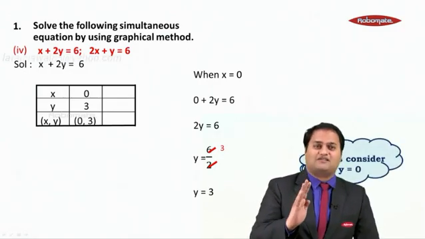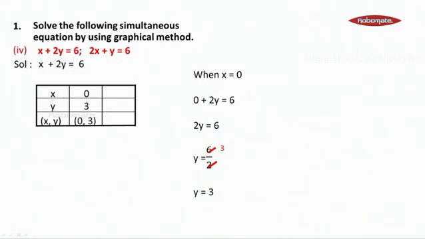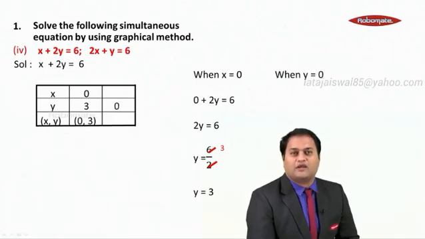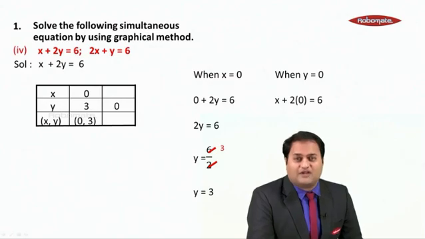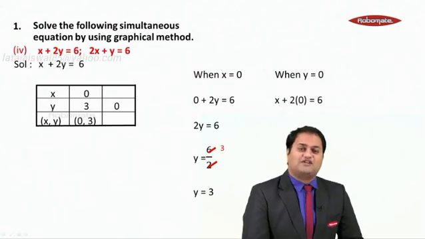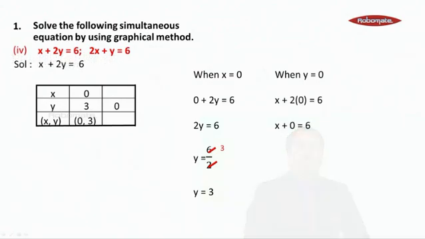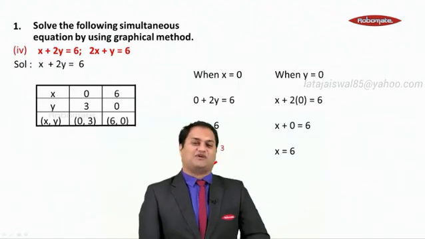Now consider y as 0. When we consider y as 0 and substitute in the equation, what do we get? We get x plus 2 into 0 is equal to 6. Therefore, x plus 0 is equal to 6, therefore x is equal to 6. So when y is equal to 0, x is equal to 6, we get the second point, that is 6, 0.